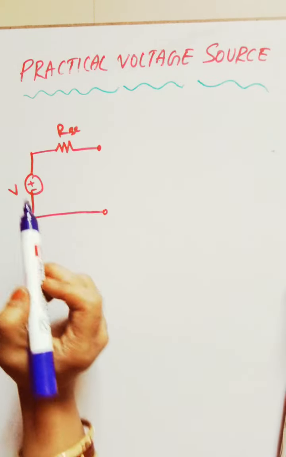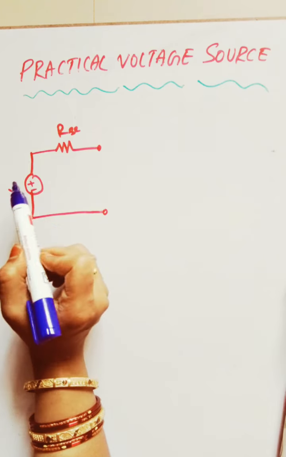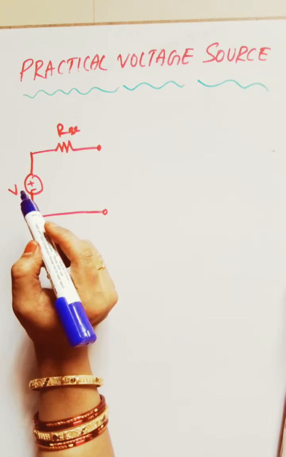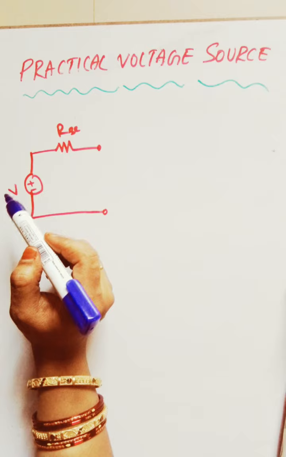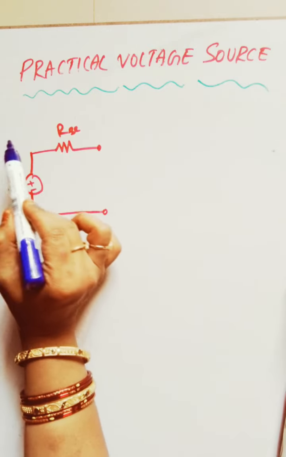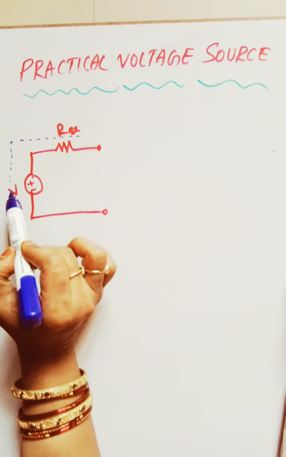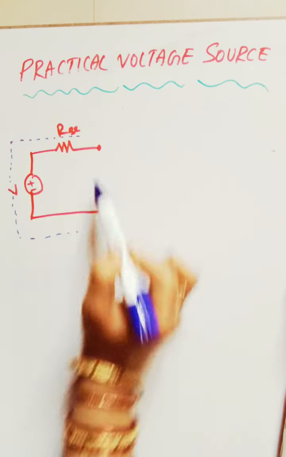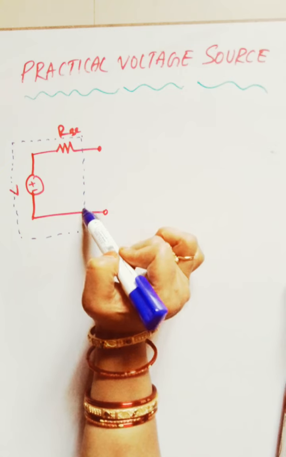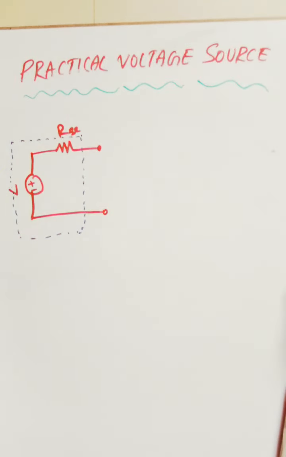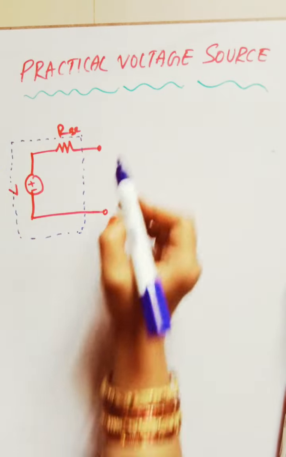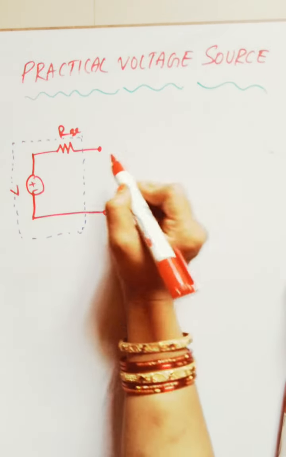It is a simple voltage source along with a small resistor which is connected in series. It is a practical voltage source. For this source I am going to connect a load resistor RL.